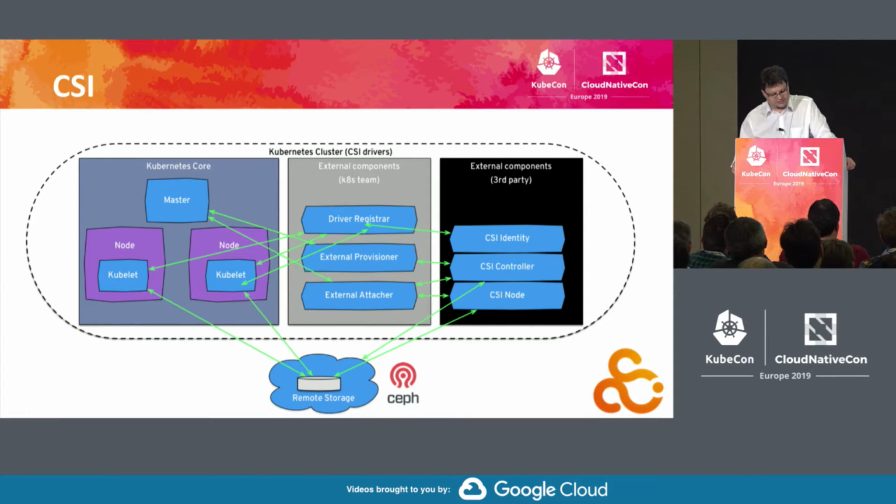The Kubernetes team and third-party vendors are responsible for separate discrete components, and security access does not exceed the permissions that are actually required for the task. These components run in sidecar containers, sharing network and storage access with the main workload container. You can see here from the mess of arrows that clearly there is an API at play, but we don't really need to understand all that unless we're writing a driver.